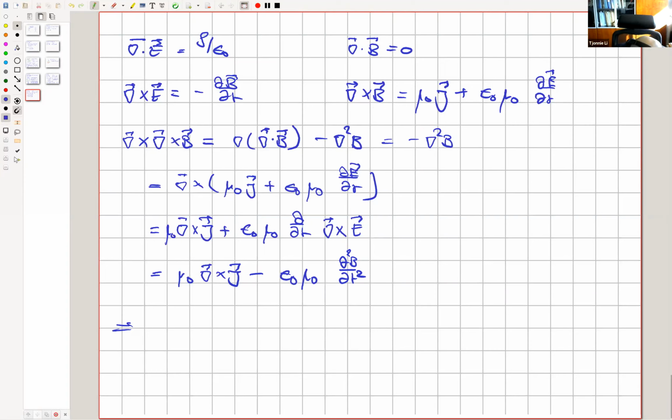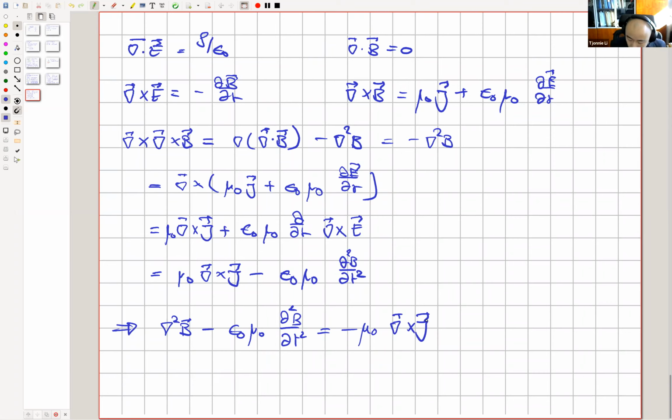And again, I can rearrange this equation into the Laplacian of B minus epsilon naught mu naught partial squared B over partial t squared equals minus mu naught curl of J. Okay, so again, we recover a wave equation on the left-hand side, and then as a source term, which is now the curl of J, we recover the source term for the wave equation.